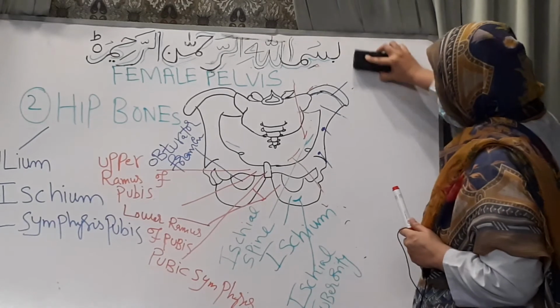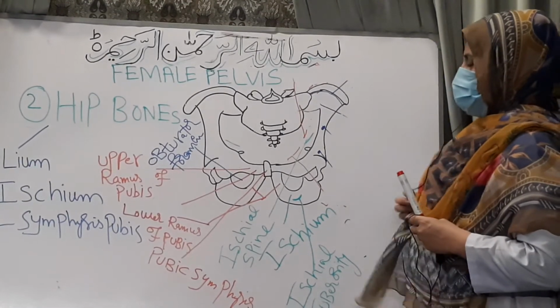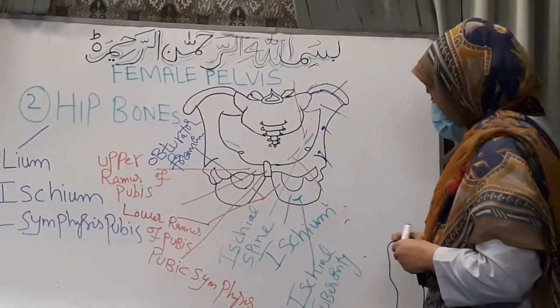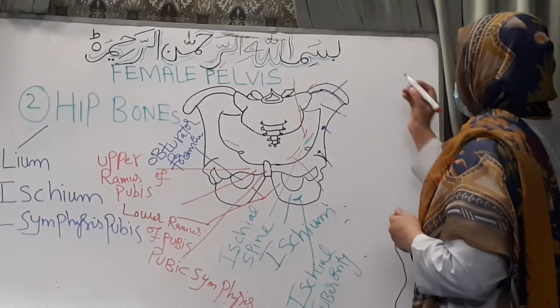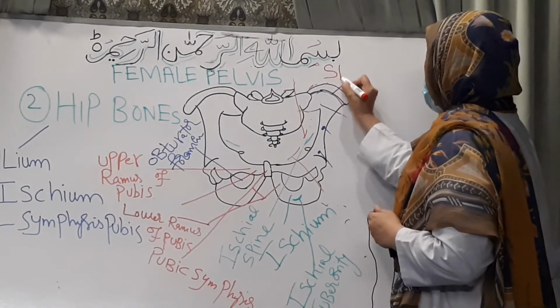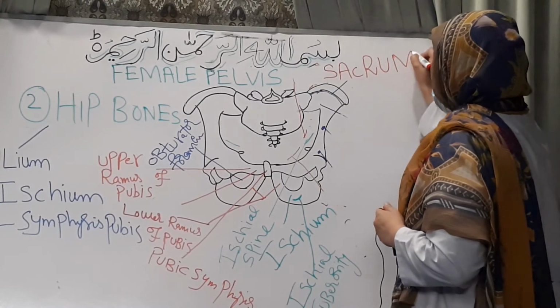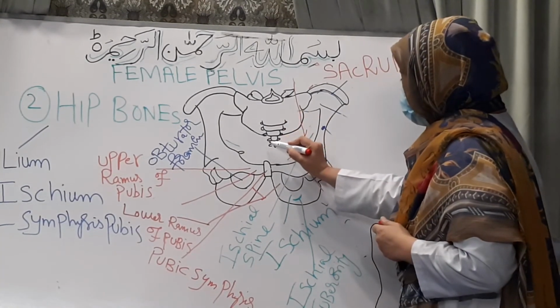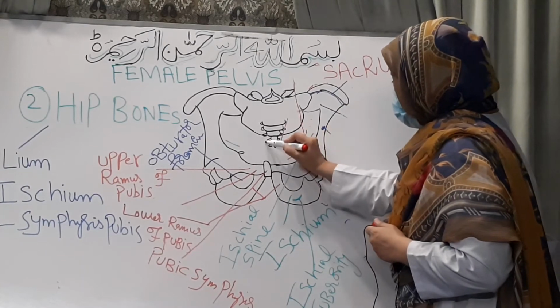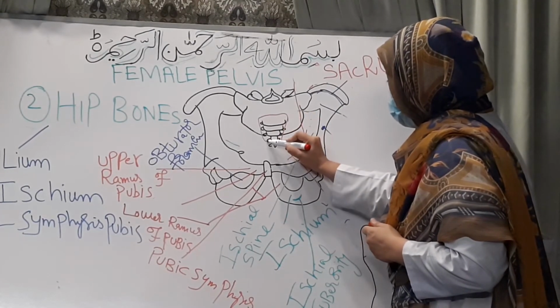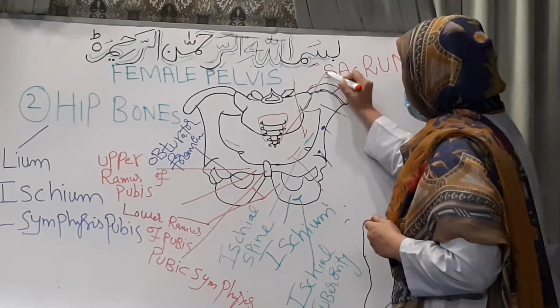Towards the other bone, which is known as sacrum. Look at this bone structure. This part is known as sacrum.